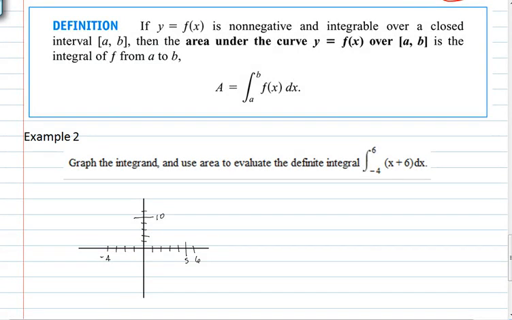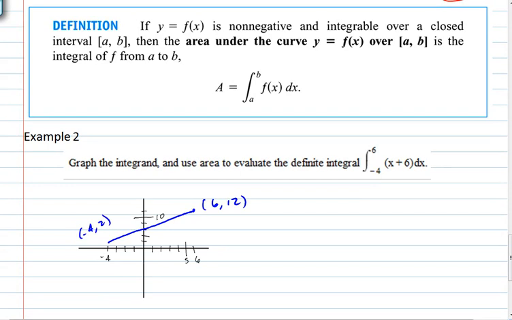All right, so we're going to graph this function y equals x plus 6. That's a linear function. It has a y-intercept at 6. And it goes through this point all the way up to this point. So here's the point 6, 12, and the point -4, 2.